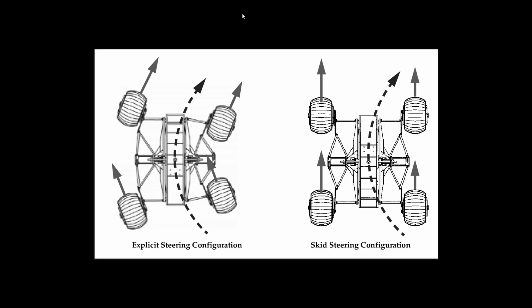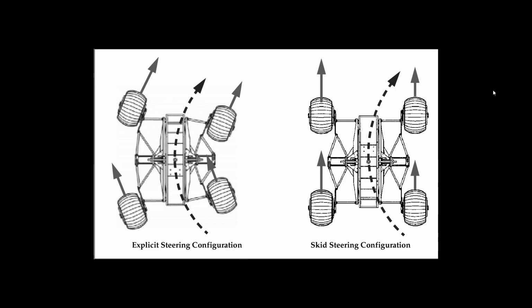In modern everyday vehicles, a modified version of Ackermann or anti-Ackermann steering geometry is used, in which the front wheels are turned at some angles with respect to each other, and the rear tires have no steering at all. This is a figure of an explicit steering configuration with rear steering as well.